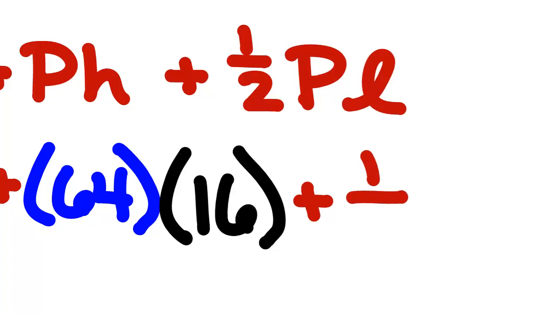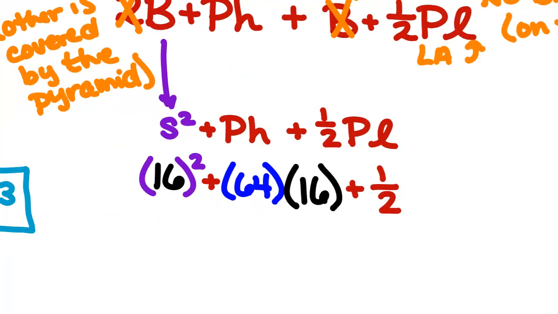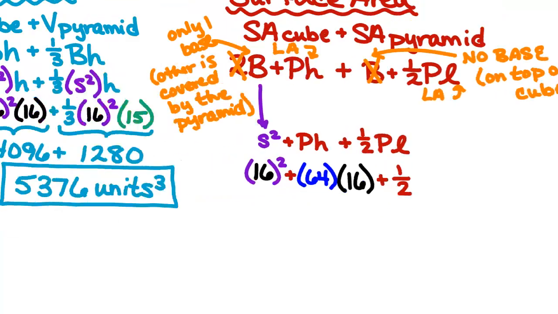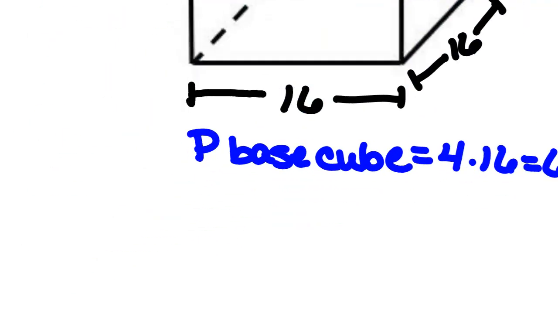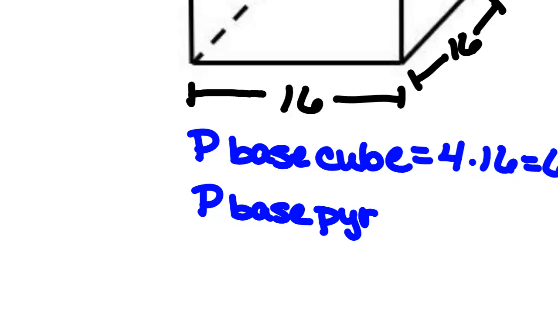Okay, go back and grab it then, thank you. Plus 1/2 times the perimeter of the base of the pyramid. What is the perimeter of the base of the pyramid?